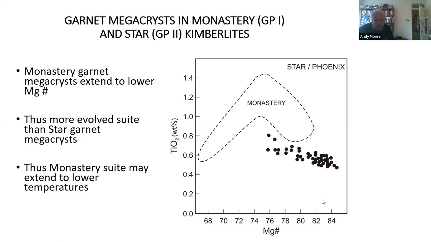I don't know if you can see the bottom line, but this would be decreasing magnesium over here, and decreasing magnesium is broadly a proxy for decreasing temperature. So you'd have got crystallization of the Monastery group 1 garnets over a relatively wide temperature range.